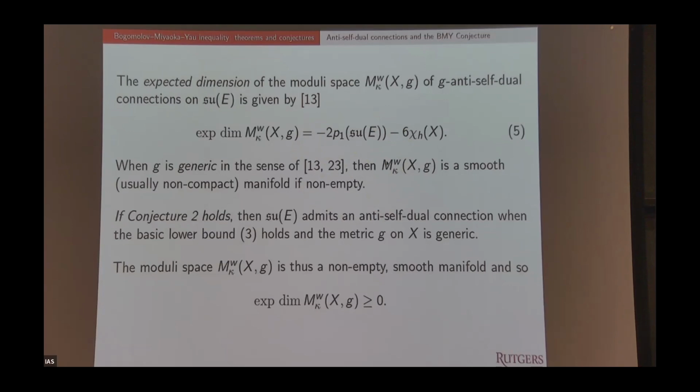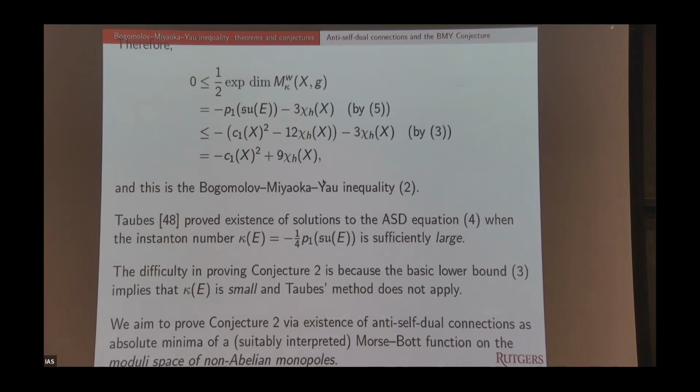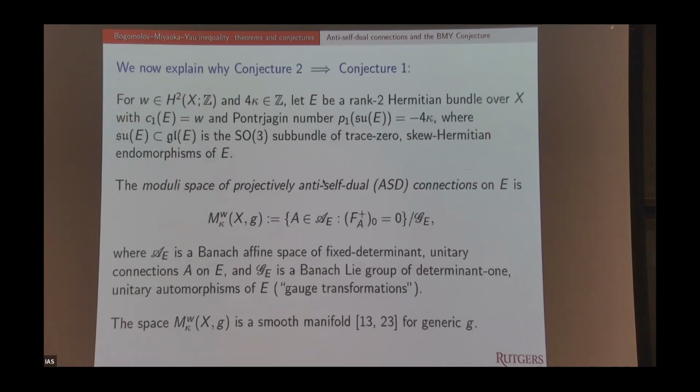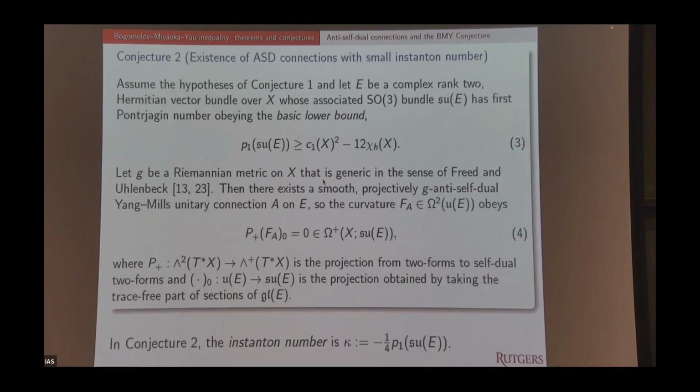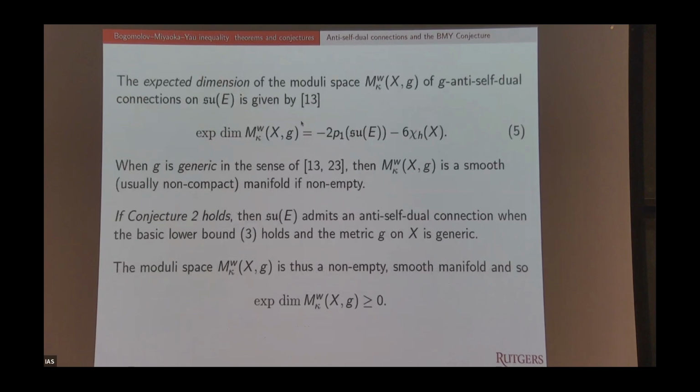All right, let's suppose then that this conjecture holds. So this SO3 bundle does support an anti-self-dual connection such that this special kind of topological constraint holds. Then it's a smooth manifold, it's non-empty, so its expected dimension is non-negative.